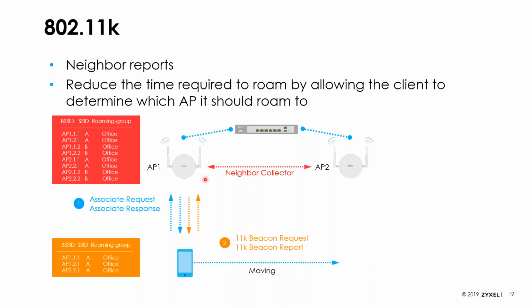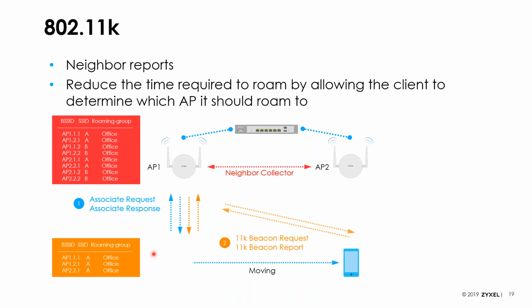If it does not support it, it just sends a blank report basically, or a reject, depending on the client. So which APs am I aware of? They share information about their surroundings. So what the APs know and what the client knows.